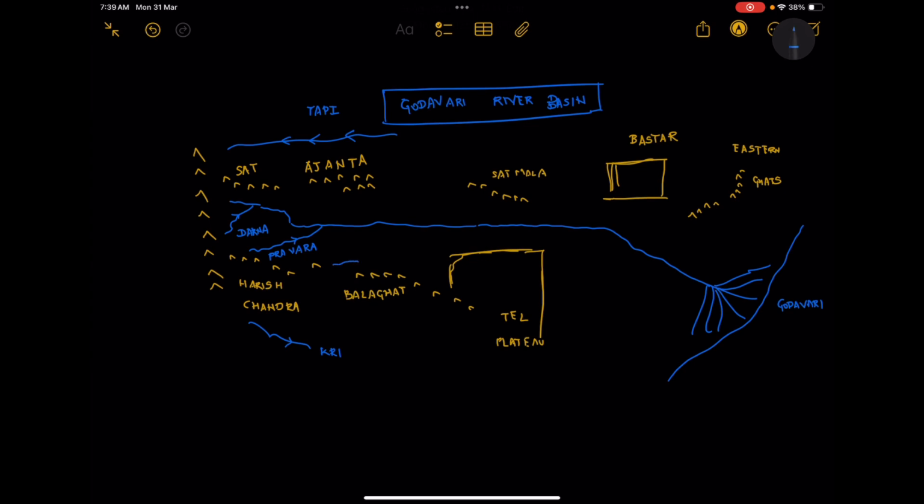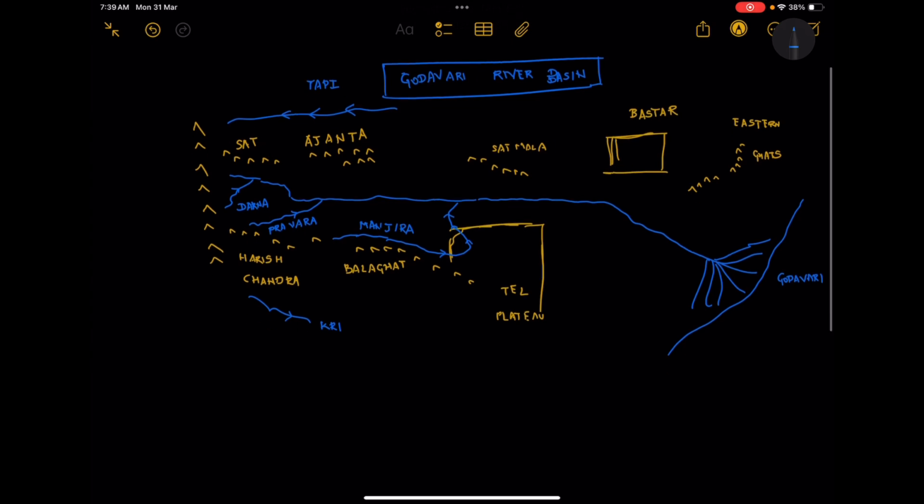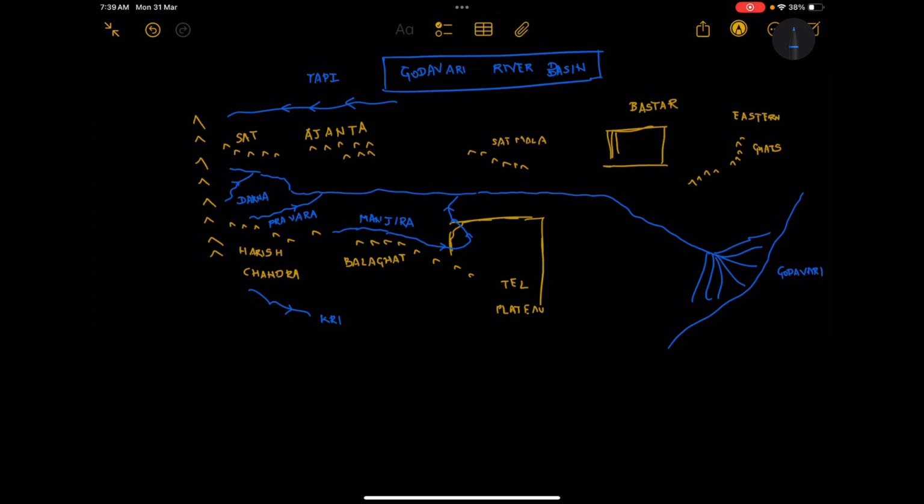This is river Manjira. Manjira flows into Telangana, and then from there it takes a northward turn and forms the joining point with the Godavari. So that is river number three. To remember the three right-hand tributaries, just think about Deepam. You know the memory principle, I have spoken about this before.